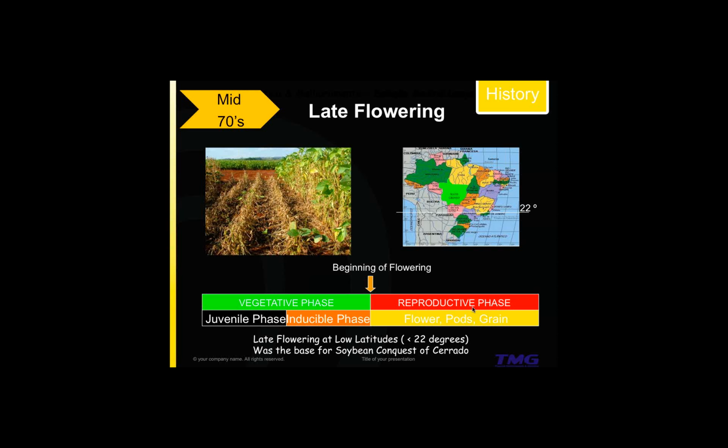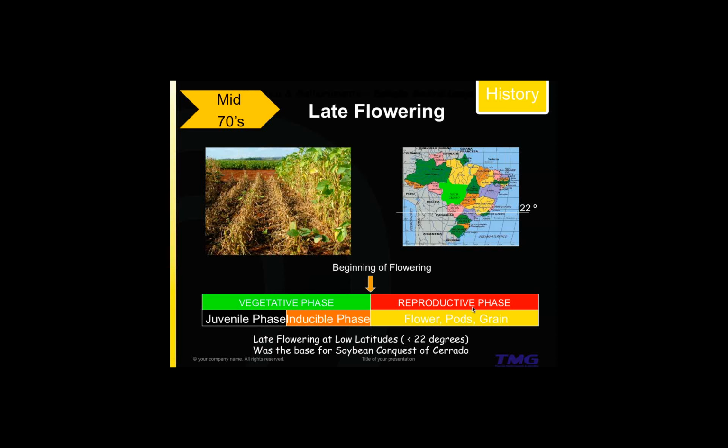The first thing that I would like to stress here is that all the experience that comes from Brazil is essentially to add the LG trait in determinate backgrounds. That was a choice made back in the late 60s and early 70s, essentially because it was clear that it was difficult to control growth with indeterminate types.